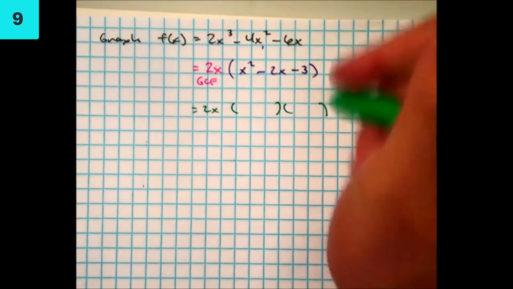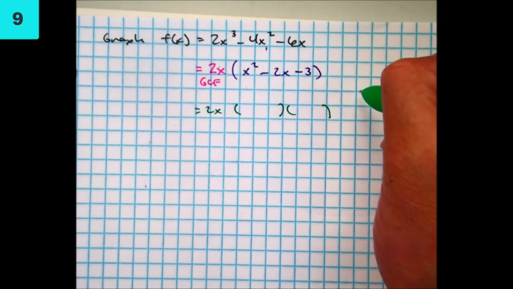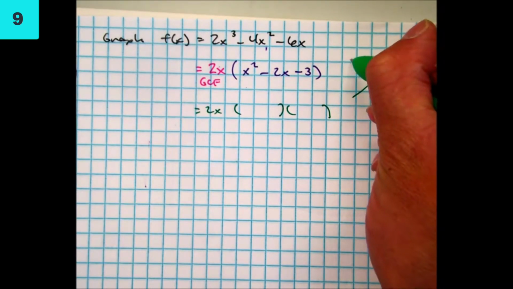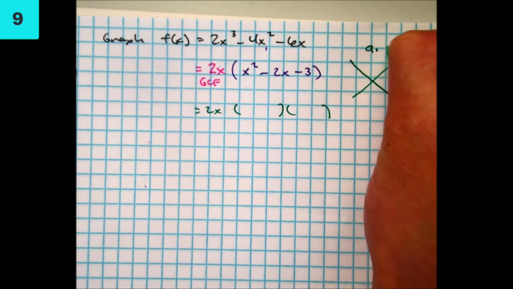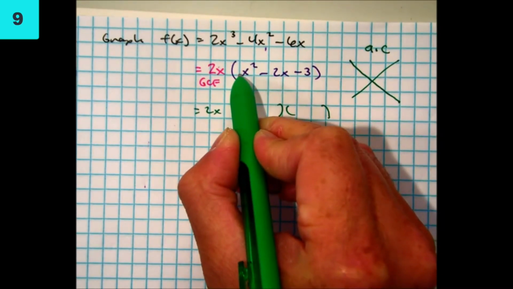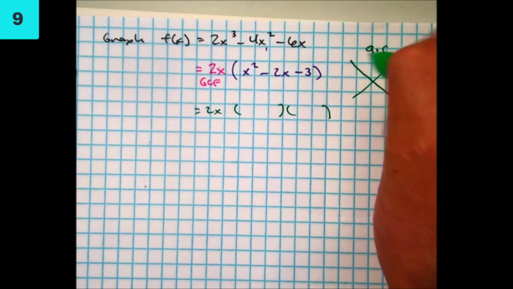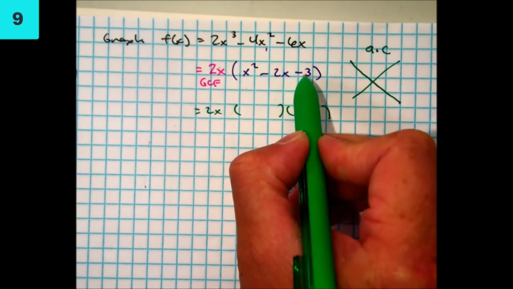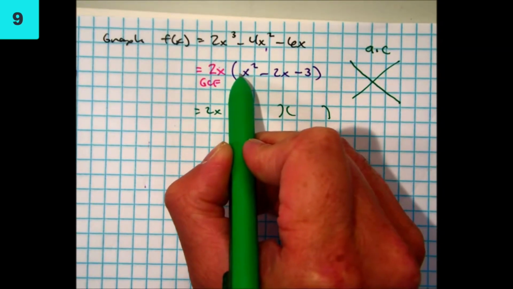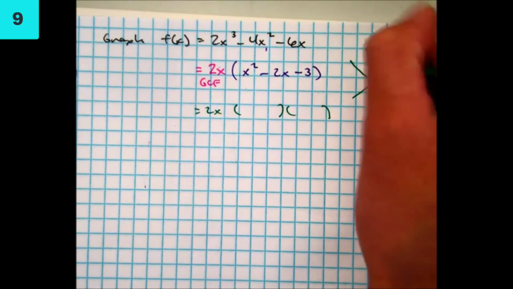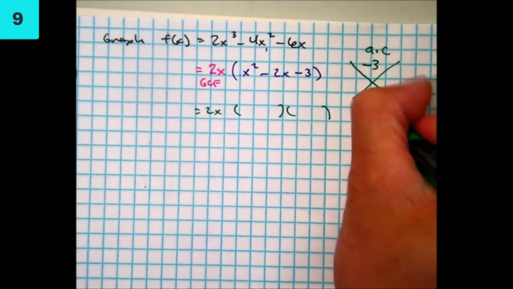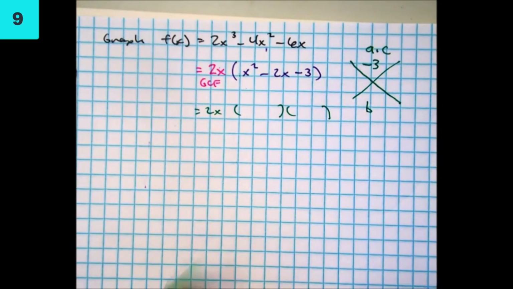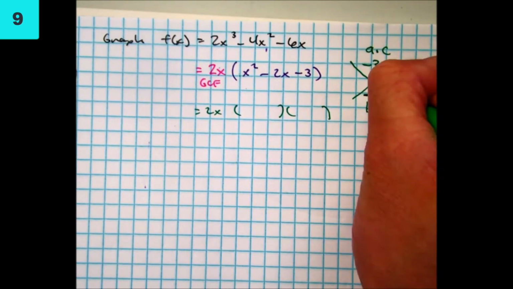So just as a quick review, I'm going to show you guys my x and my box method. Remember, you don't have to do this. Inside the parentheses, I'm looking for a times c. A times c is what value, class? So remember, inside the parentheses, that'll be 1 times a negative 3, which is negative 3. Class, what's your b value? Negative 2.